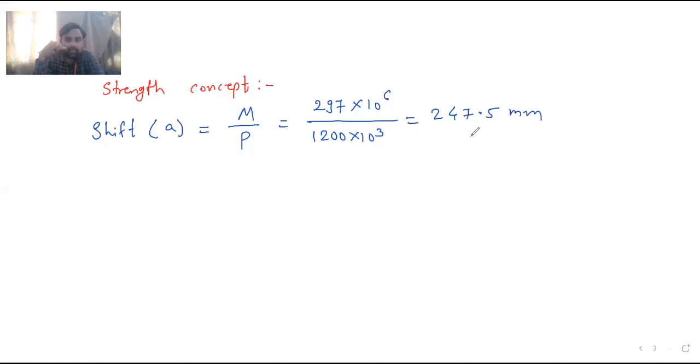So from the P line, your C line is at a distance of 247.5.